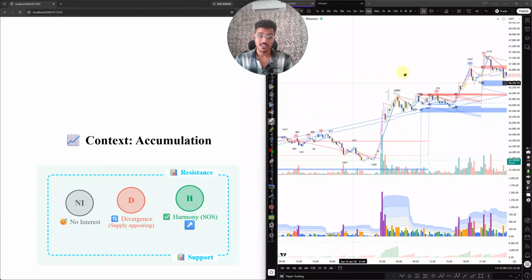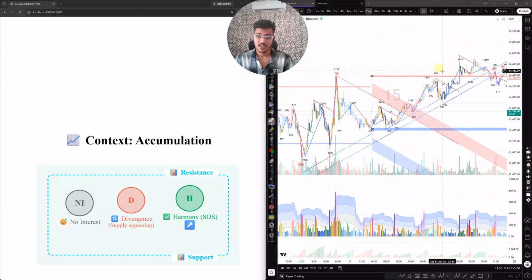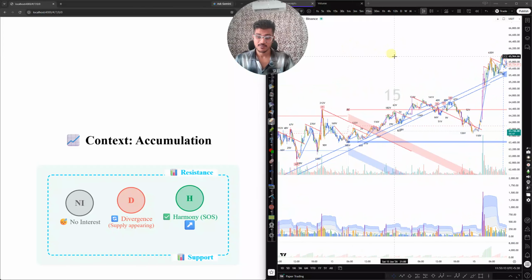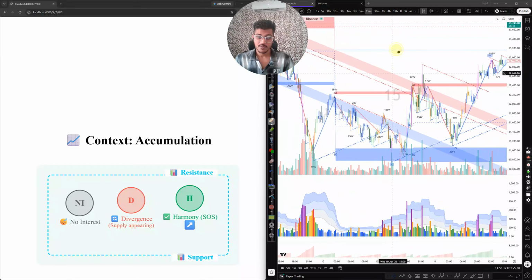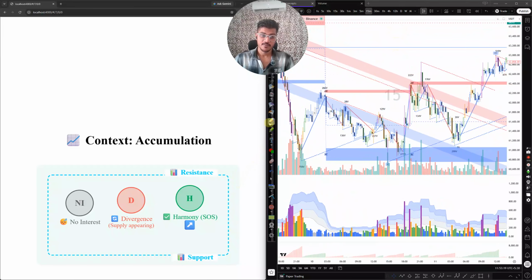If this is my accumulation, we see a selling climax with very high volume, then the volume diminishes like that.